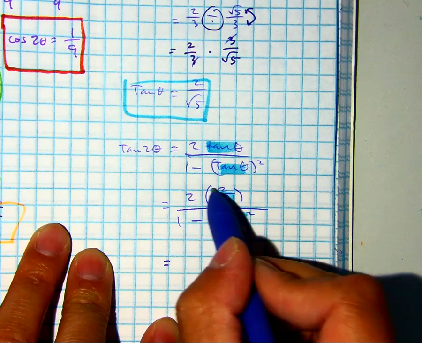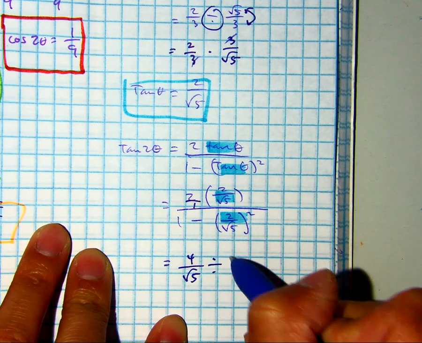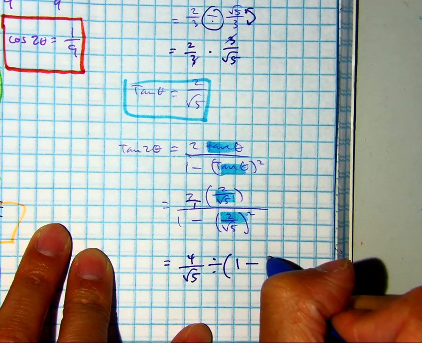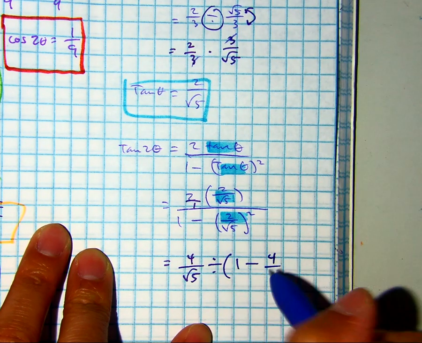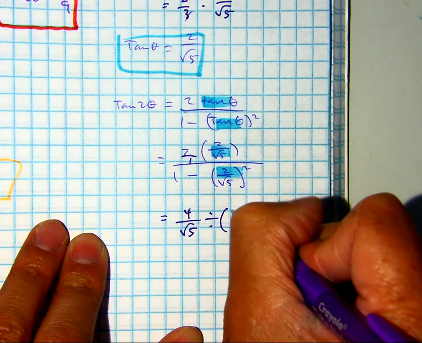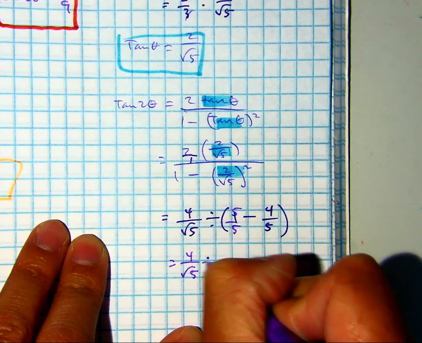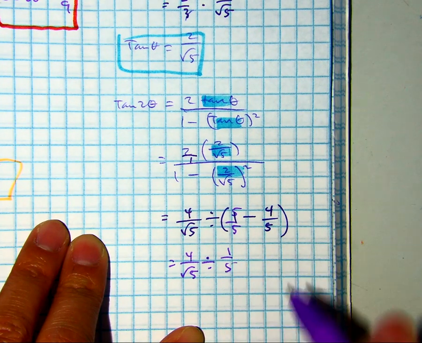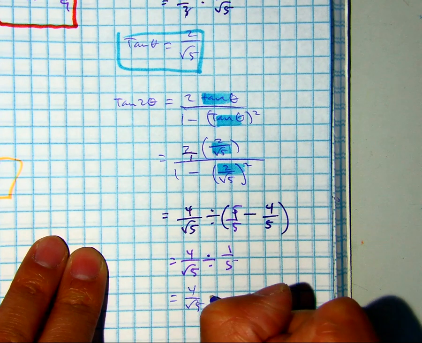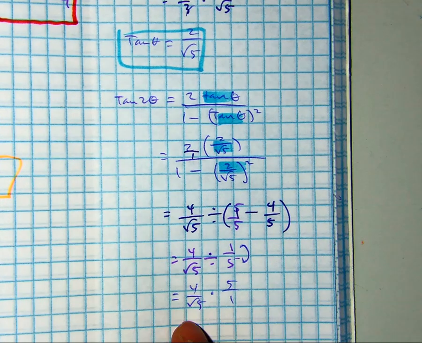So I'm going to have 2 over 1, so that becomes 4 over radical 5 divided by 1 minus, this becomes 4, and the square root of 5 squared is just 5. So this will become 5 over 5, so 4 over radical 5 divided by, this becomes 1/5. And then 4 over radical 5 times 5 over 1. So now I'm going to have to rationalize.